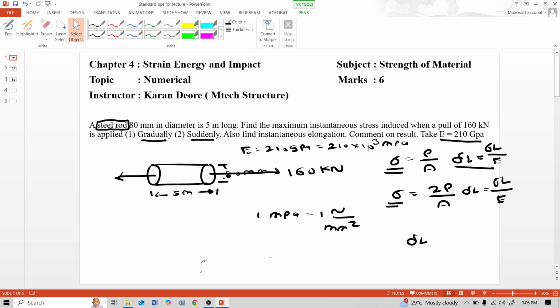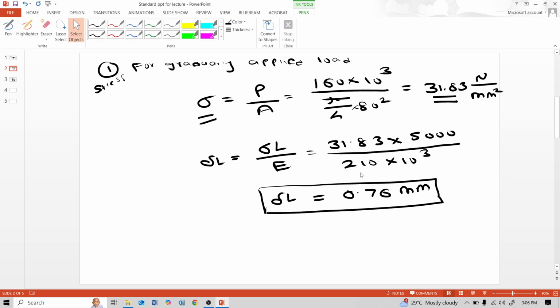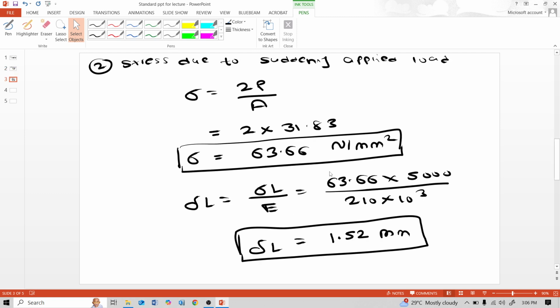They also tell us to comment on the result. For gradually applied load, the change in length is 0.76 mm, and for suddenly applied load, the change in length is 1.52 mm. That means for suddenly applied load, the change in length is 2 times that of gradually applied load.